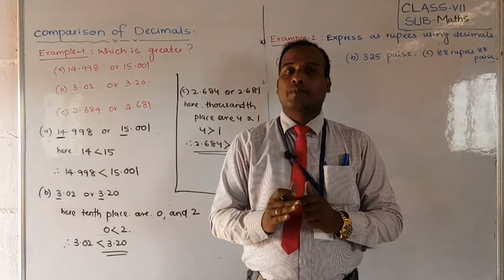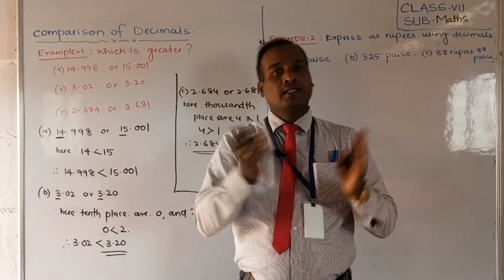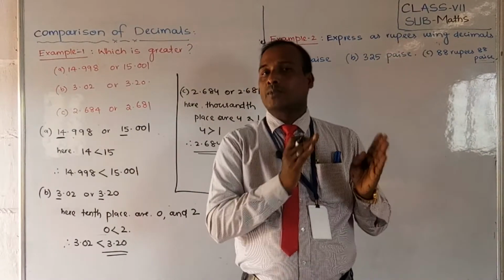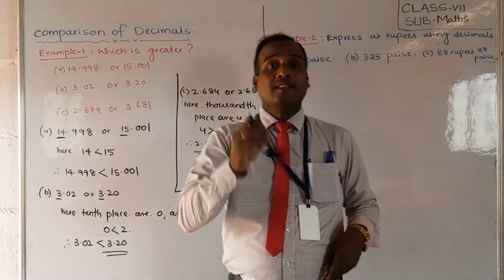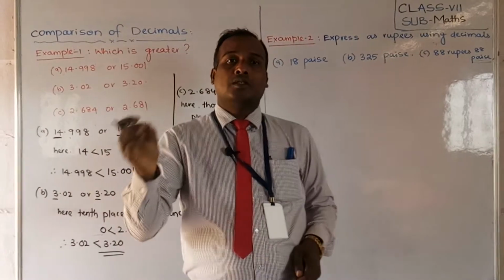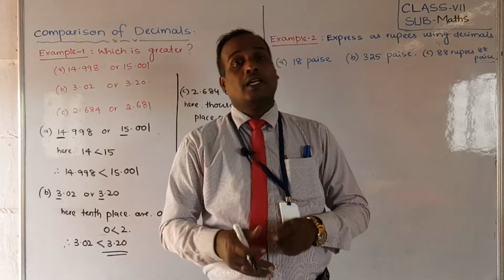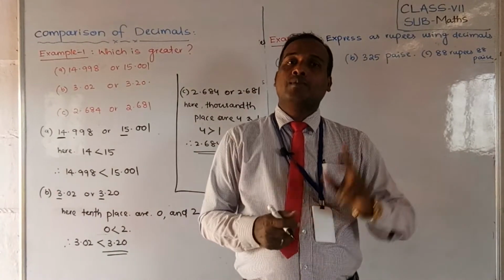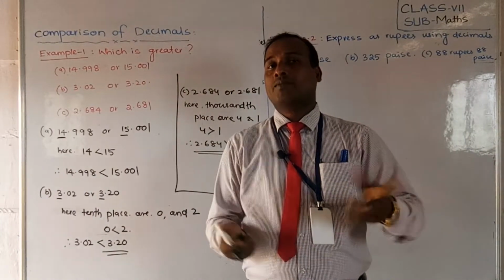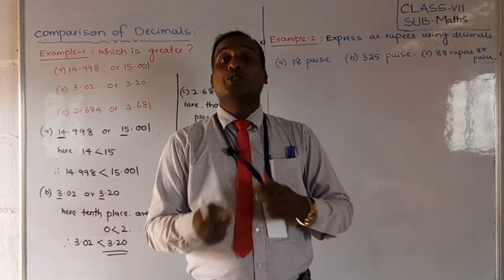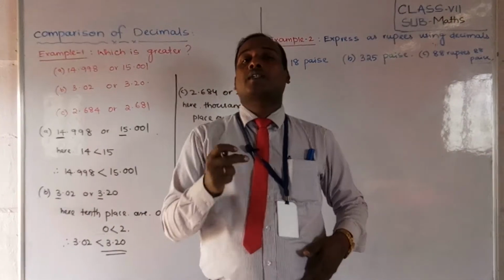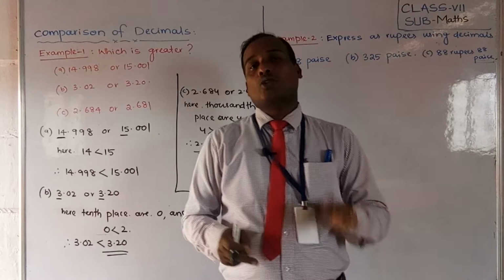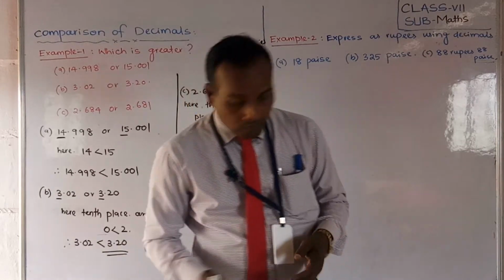If both are same, then you go for the 100th place. If 100th place is same, then you go for 1000. If not same, then you compare the 100th place; whichever is greater, that decimal number is also greater. Okay.